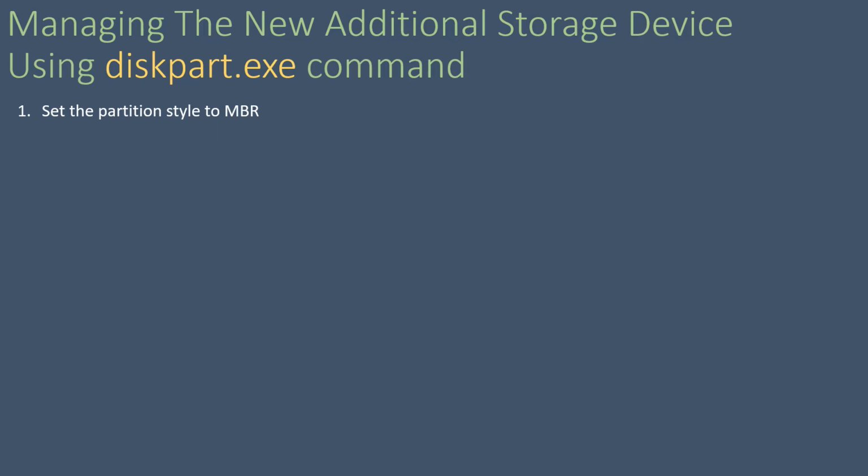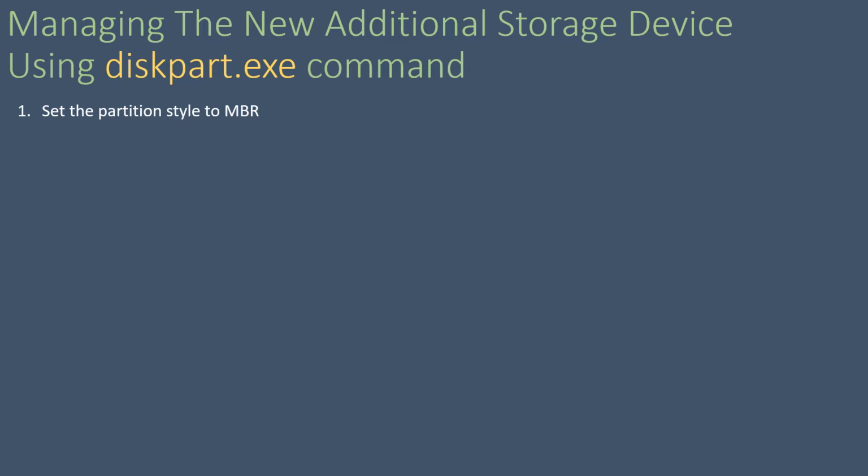If you remember, I chose MBR to show you how to create an extended partition, because an extended partition, as we discussed in our previous videos, can only be created in MBR. But the steps are exactly the same if you want to use GPT. On GPT, you are only using primary partitions. But with MBR, I will show you both primary partition and extended partition. So we will set the partition style to MBR.